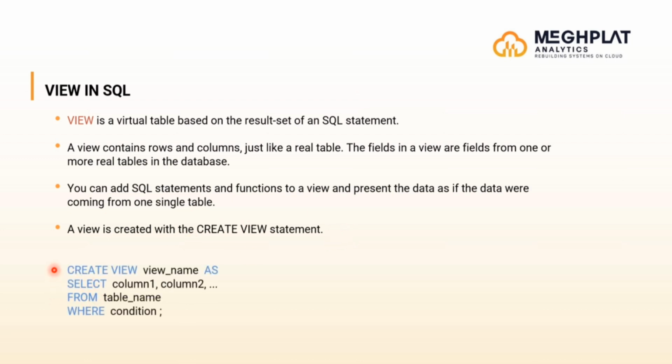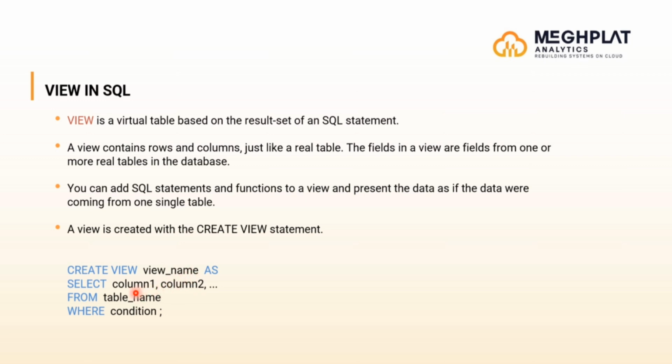You can see the syntax here, create view, then the view name as select, then column 1, column 2 from table name, then the where condition. Here view name is the name you want to give to the view.